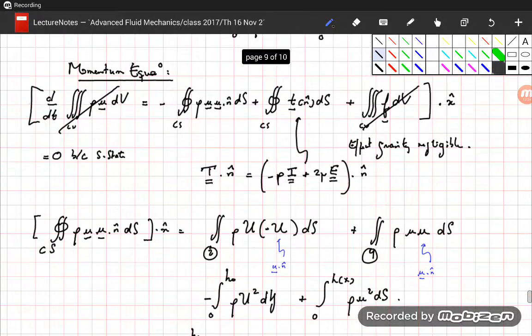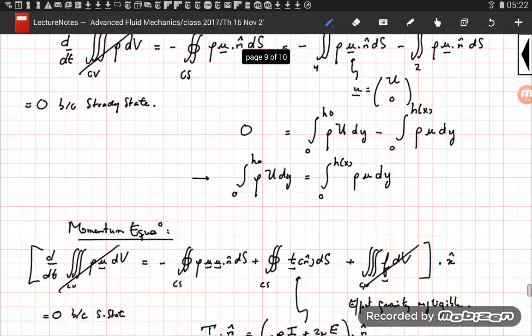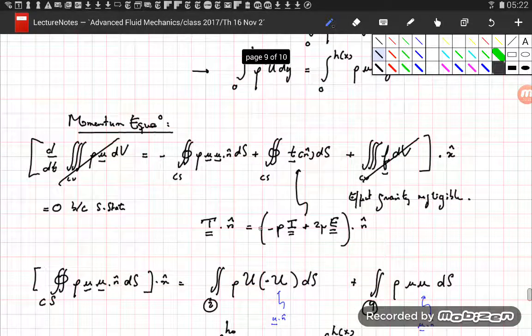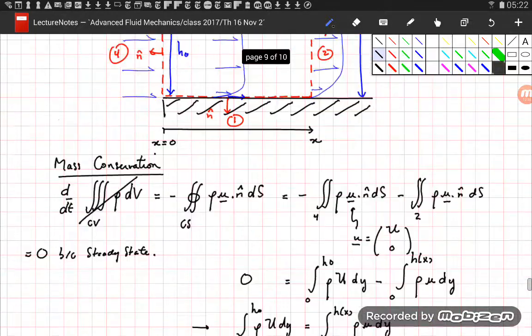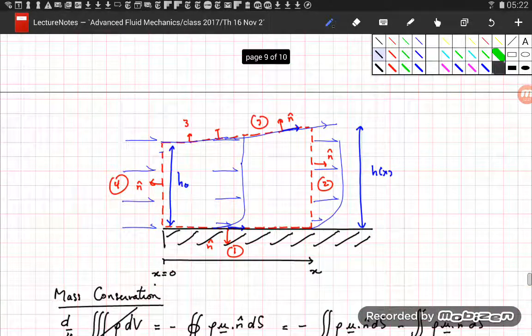But actually, let me just simplify this whole discussion on the pressure. So let's consider our stress tensor, and let's first consider the pressure term. Because the pressure is actually uniform, right? So we only have P atmospheric everywhere.